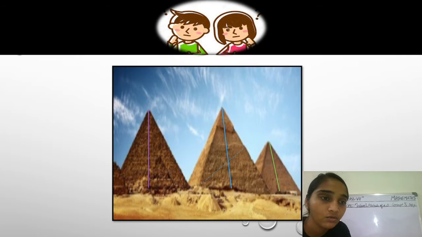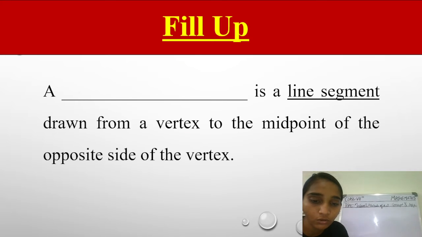Very good. So now students, let's move ahead. You have to fill in this blank: a dash is a line segment drawn from a vertex to the midpoint of the opposite side of the vertex. You can punch your answers in the comment section.